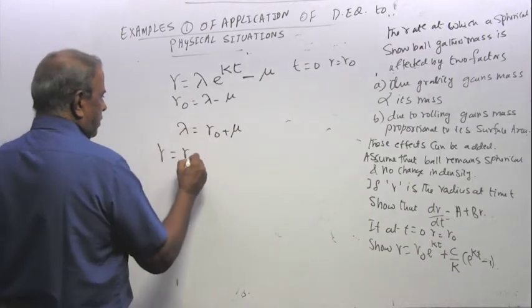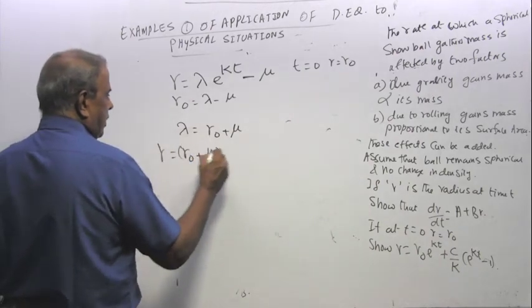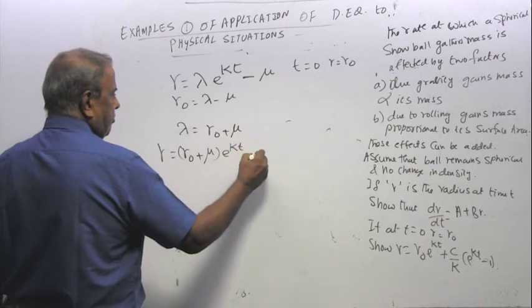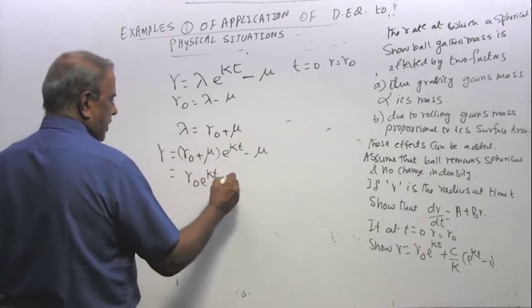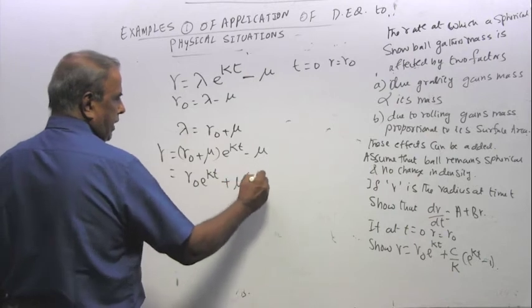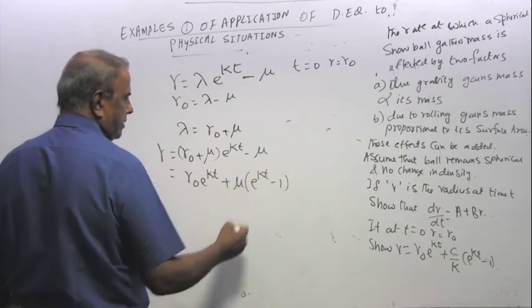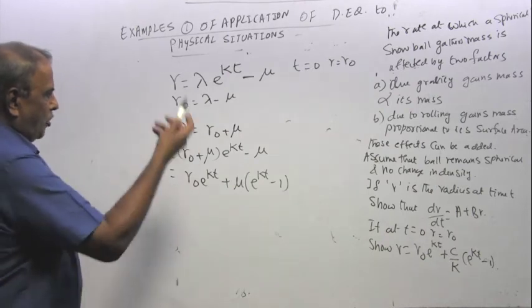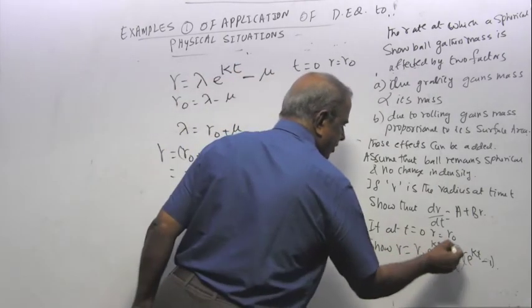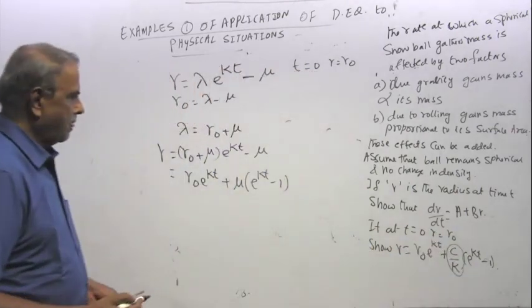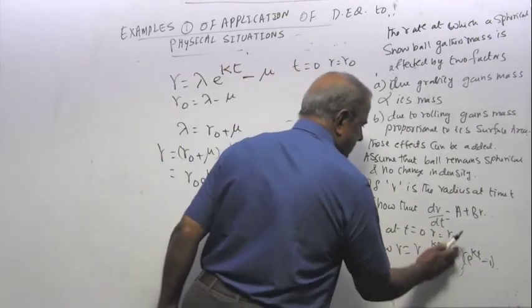So r equals (r naught plus mu) e power kt minus mu. That is r naught e power kt plus mu times (e power kt minus 1). Mu is c over k, something like that, it doesn't matter. c over k is the constant mu. I think I'll change the question here, put it as mu.